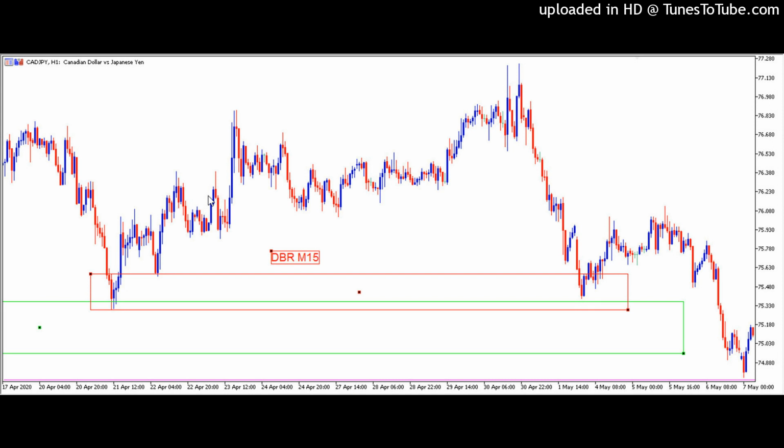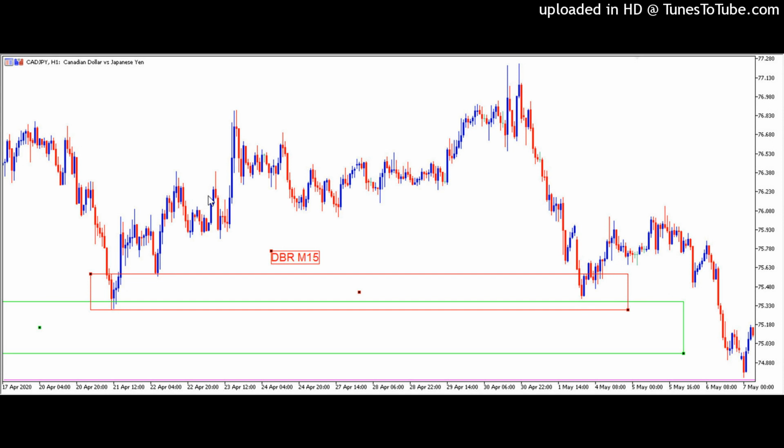So this is a clean example of how AMD would work with the session times. So now that we've got an understanding of AMD and session times and how they work together, we can now move on to how you can backtest and spot AMD. So now that you lot have an understanding of what AMD is and how to spot them, I would recommend that you backtest them yourself, so you train your own eyes, so it's easier to spot them in actual live market conditions.